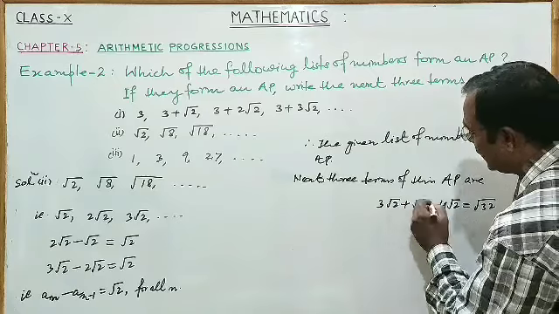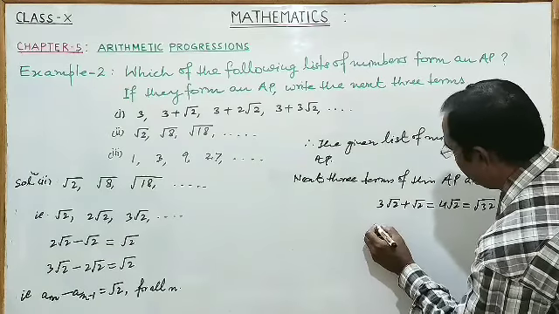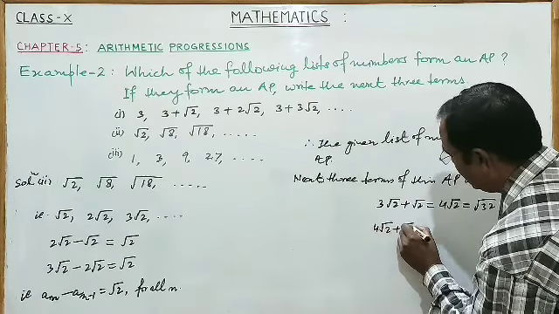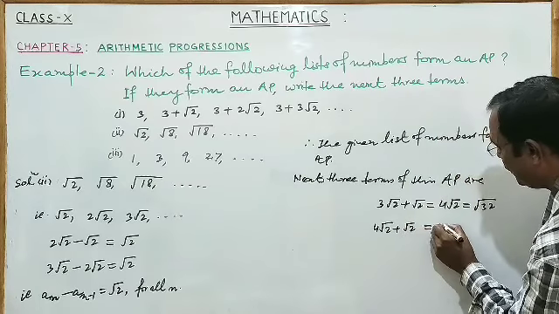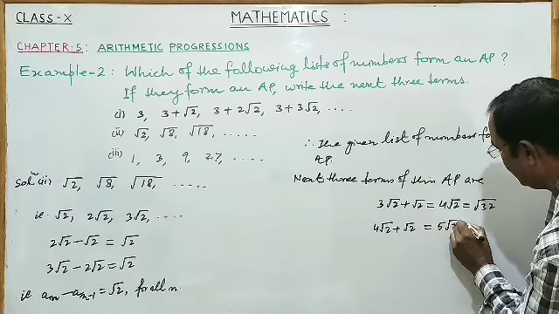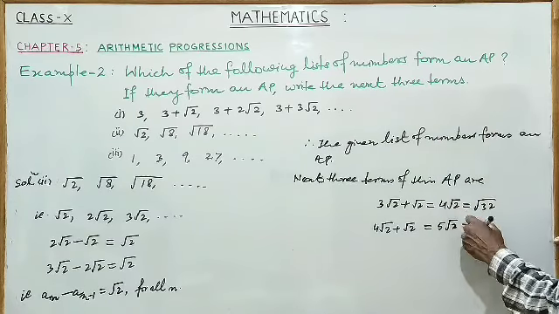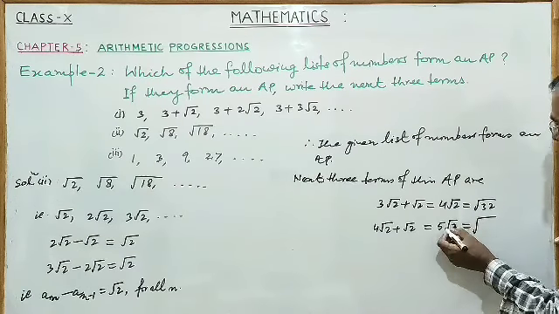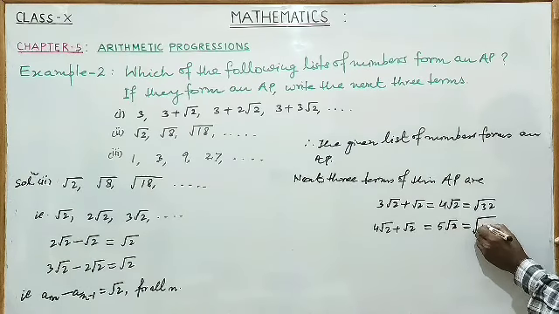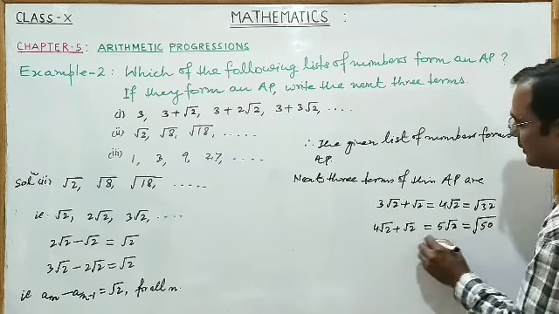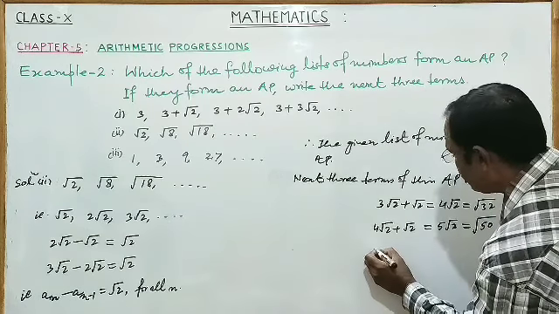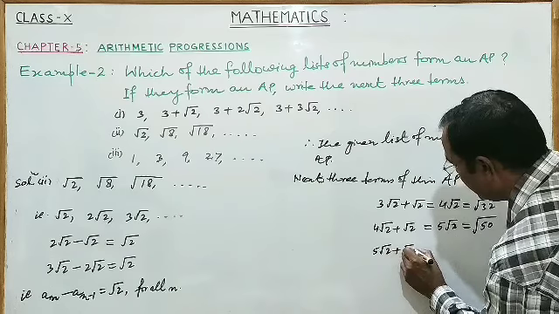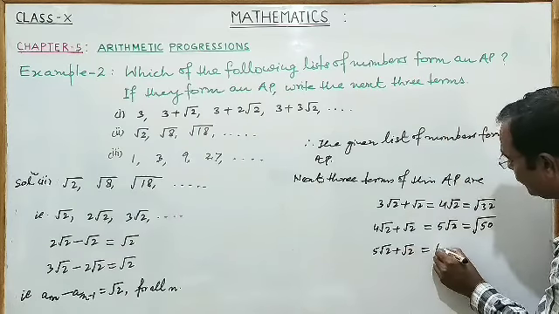Now the next term, 4 under root 2 plus common difference under root 2 equal to 5 under root 2. This 5 when it goes inside the radical sign will be 5 square, 25 into 2, 50. Next term, 5 under root 2 plus under root 2 equal to 6 under root 2.